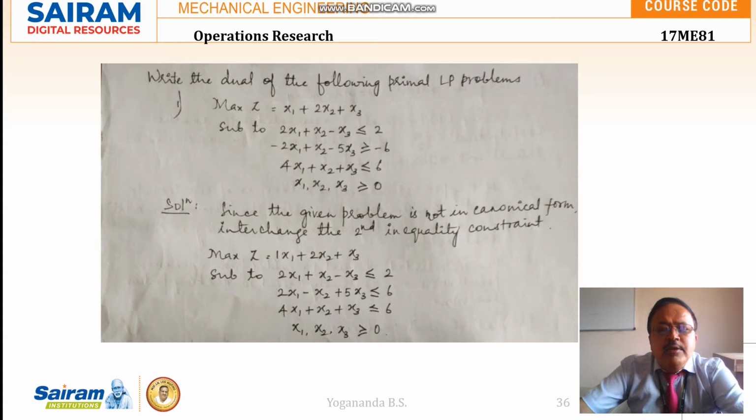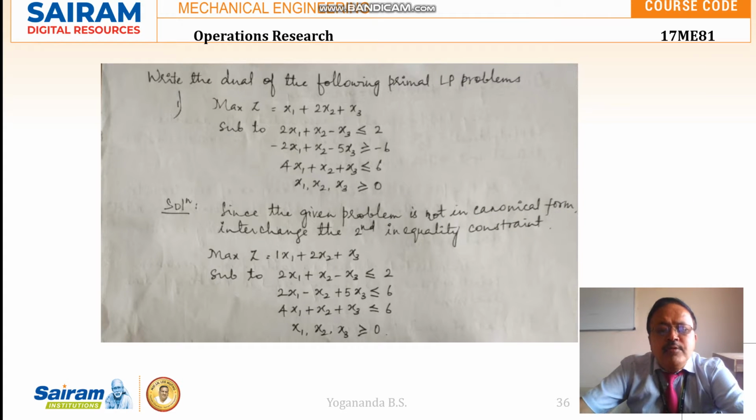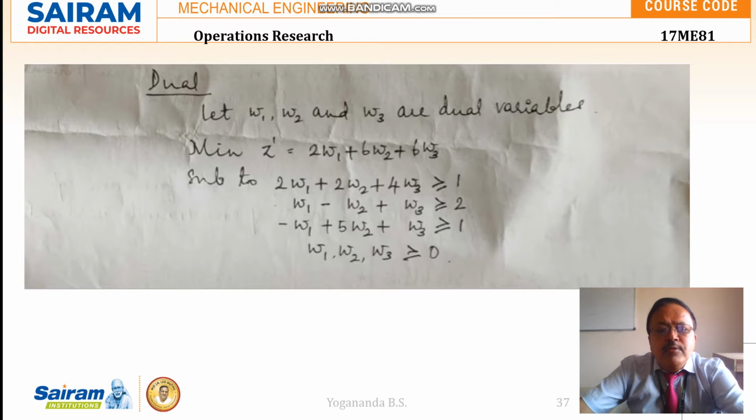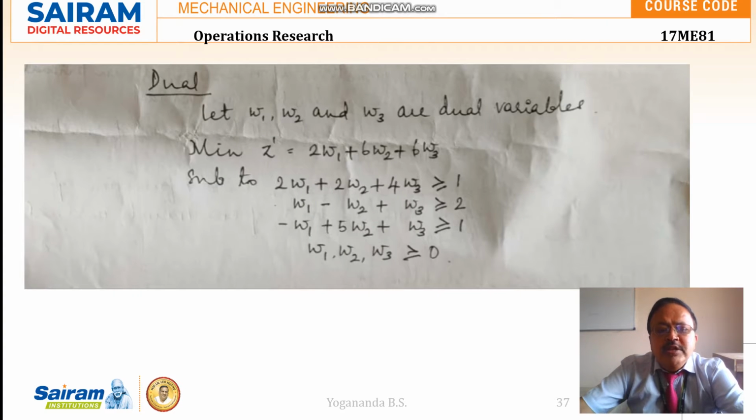The less than or equal to becomes greater than or equal to, and the coefficients in the objective function 1, 2 and 1 are written as the right hand side in the 3 constraints: 1, 2, 1.